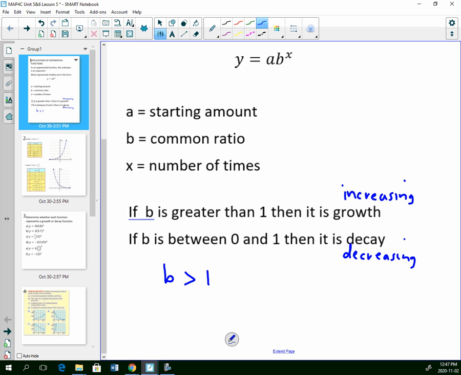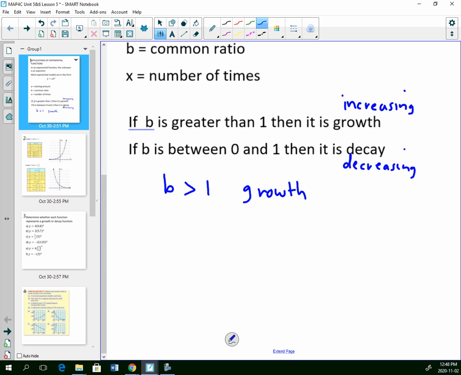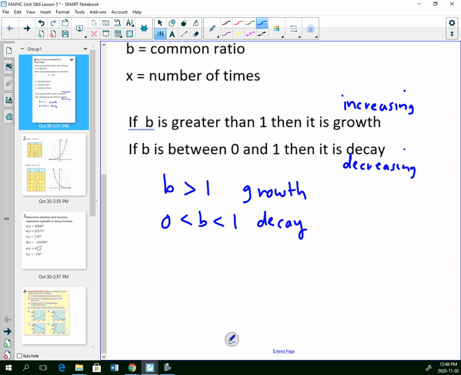If b is greater than 1, it's going to be a growth function, meaning it's going to get bigger. If b is between 0 and 1, meaning a fraction or a decimal, then it is going to be a decay function, meaning it's going to decrease, it's going to go down.